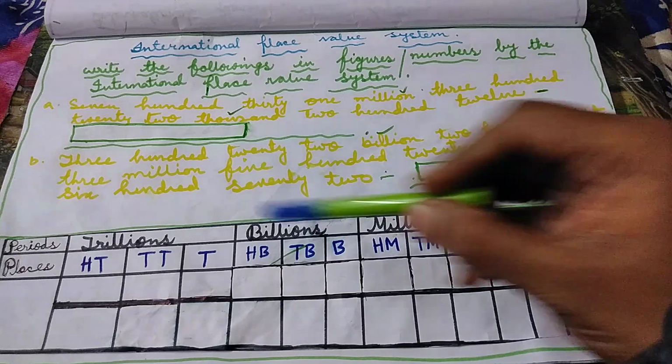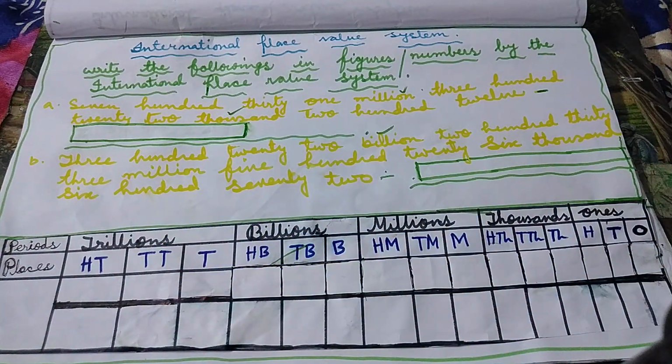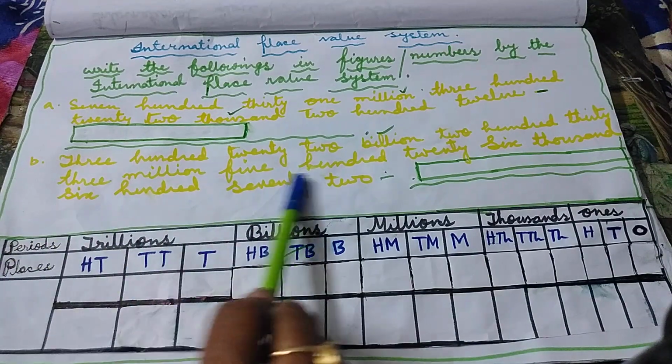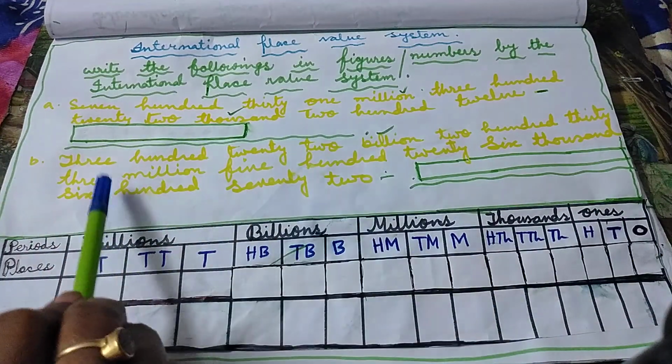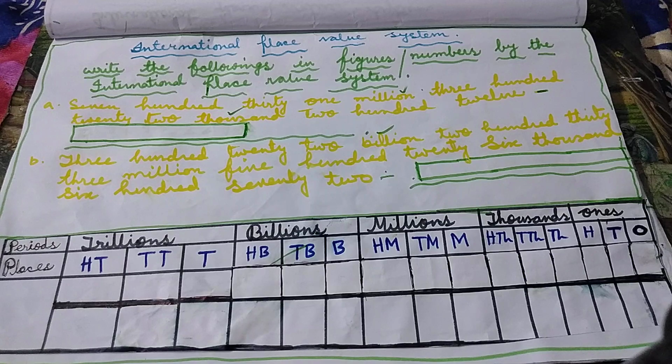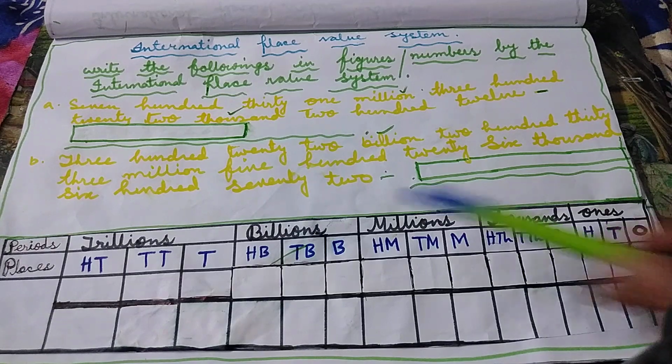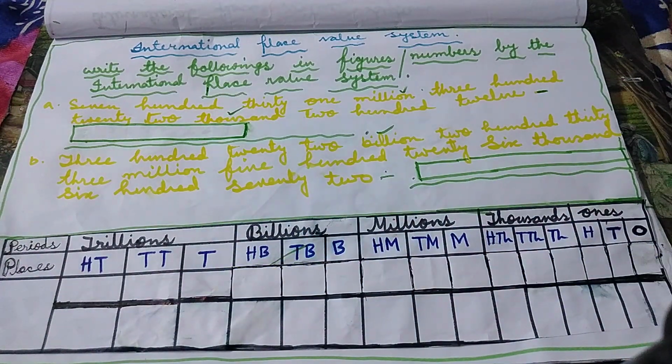See children, this is the International Place Value chart. Two examples are there. We have to write these numerals in numbers or figures by the International Place Value System or International Place Value chart.